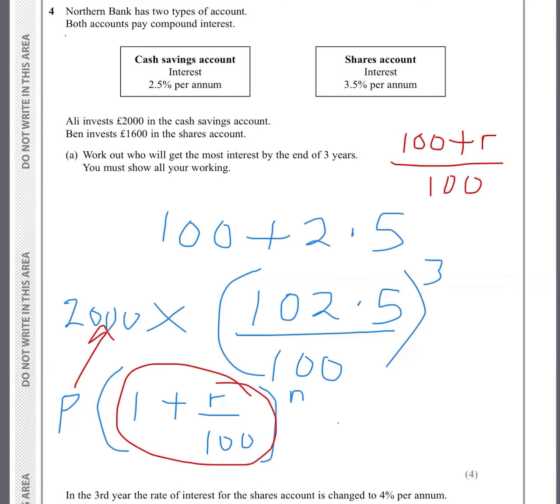Another way you can do this is 1 plus 2.5 divided by 100. So 2.5 divided by 100 is 0.025. Is that okay? Yeah.